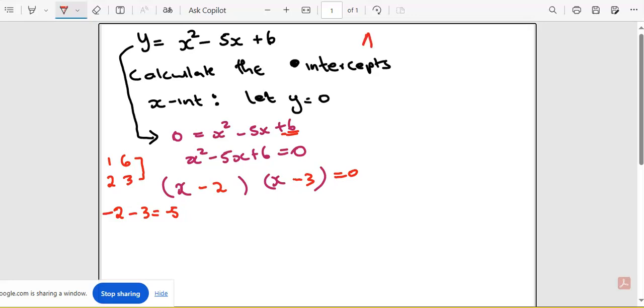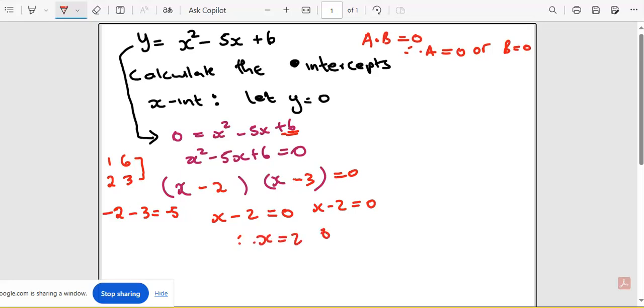It says that if A multiplied by B is equal to 0, then A is equal to 0 or B is equal to 0. So I equate everything in the brackets to 0 and solve for x. Therefore, x is 2 or x is 3.